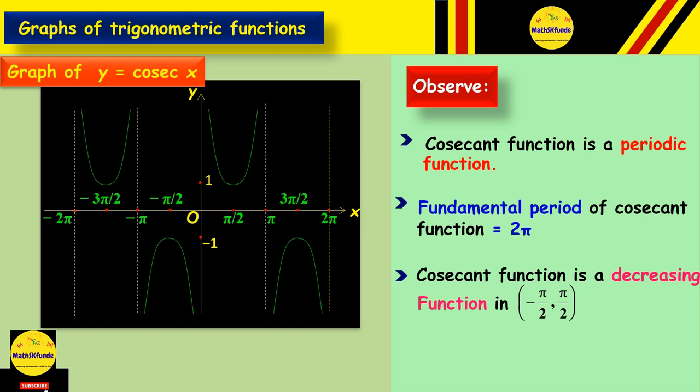Understand one thing, that at x equal to 0, sin x was 0. So x equal to 0 will not work for cosec x. So in the domain of cosec x, x equal to 0 is not there. So don't worry about such points where the function is not defined. Wherever the function is not defined, those points would be eliminated from the domain itself.